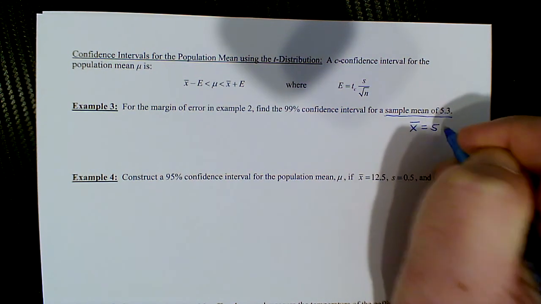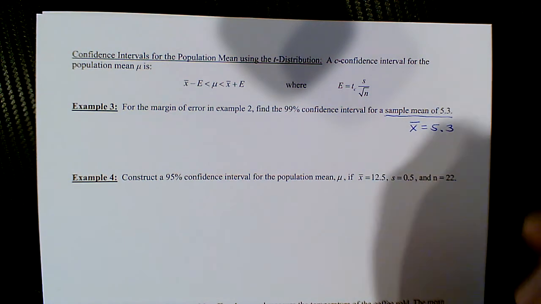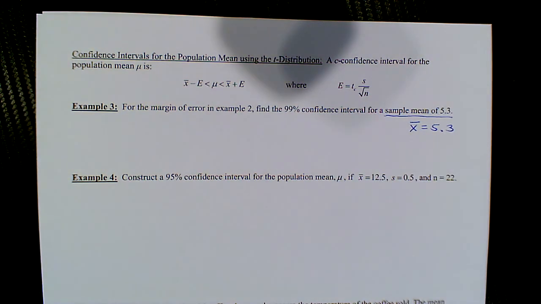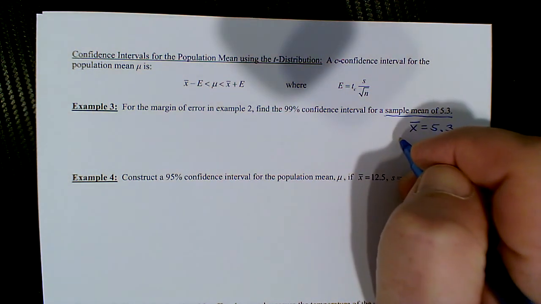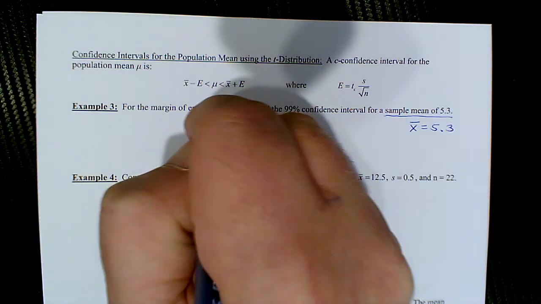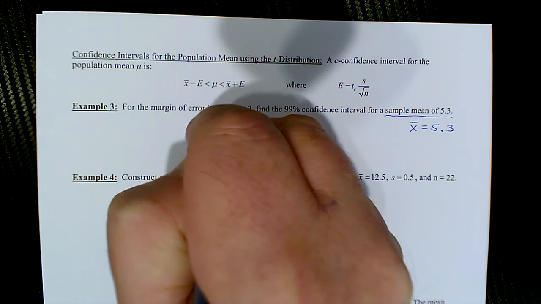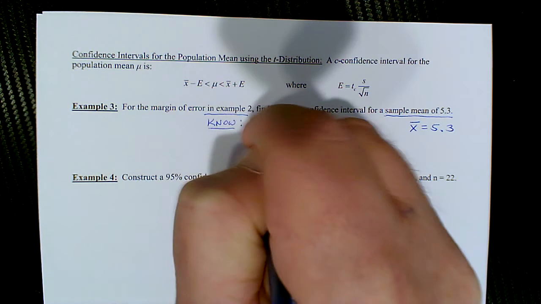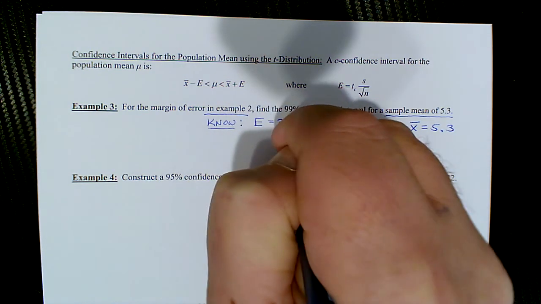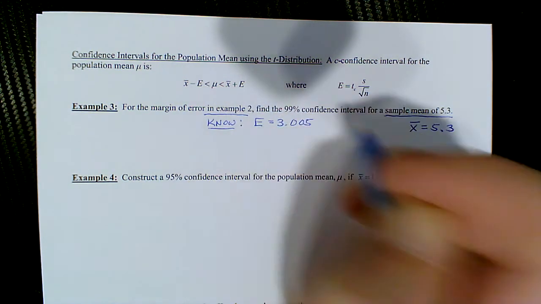So again, sample mean X bar, 5.3. And so looks like we're ready to go because we already know E. That is from example 2. We know that the margin of error E was 3.005.